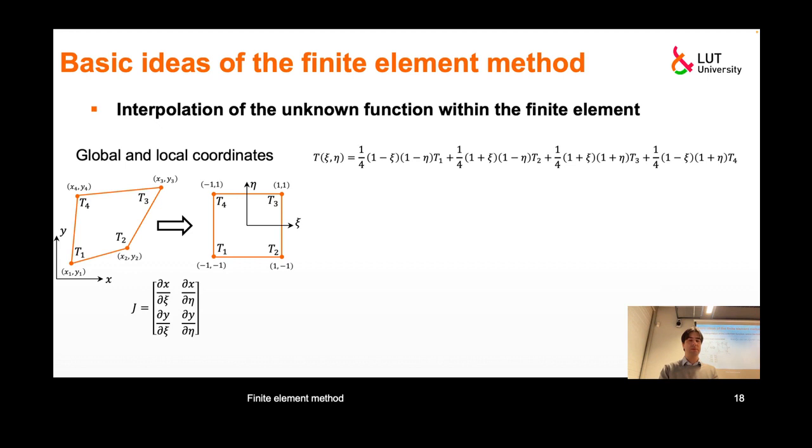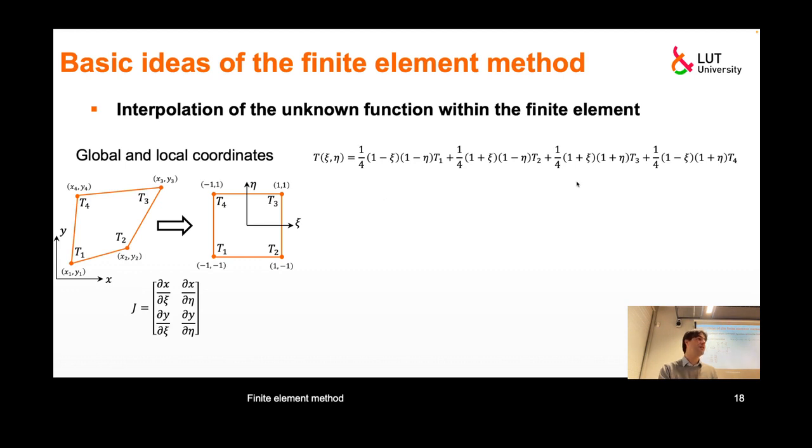So that has to do with this division, geometrical division. So we split our computational domain into subregions, and we make some assumption that within each subregion the known quantity is changing according to some predefined law. In this case, it's linear interpolation. So I make an assumption that within each finite element, temperature is changing linearly with respect to coordinates. That is how it looks like in local coordinates.